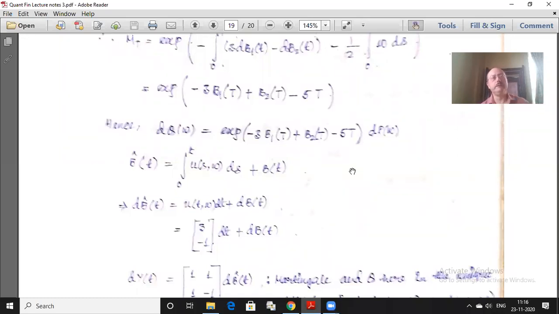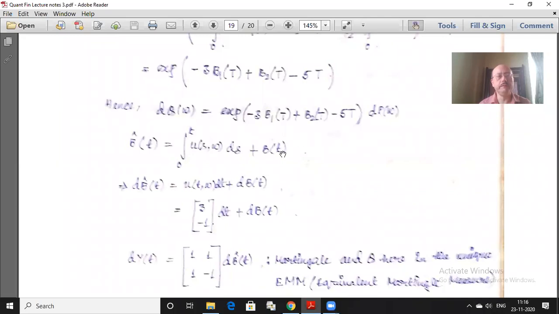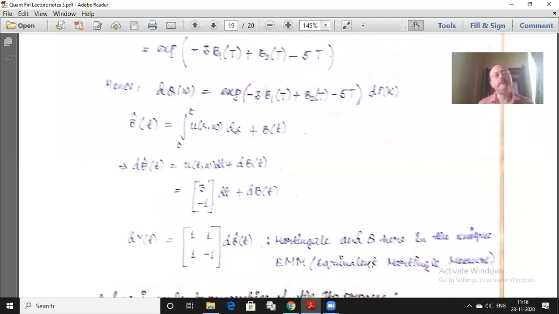So I started out with a dY and a probability P. I do the suitable transformations in order to make the process a martingale with respect to the new Brownian motion and the new probability law. So the new Brownian motion is actually absorbing a trend part. The new probability law can be explicitly computed using that, and that is actually unique. And that is the equivalent martingale measure that we have earlier simply mentioned somewhere.